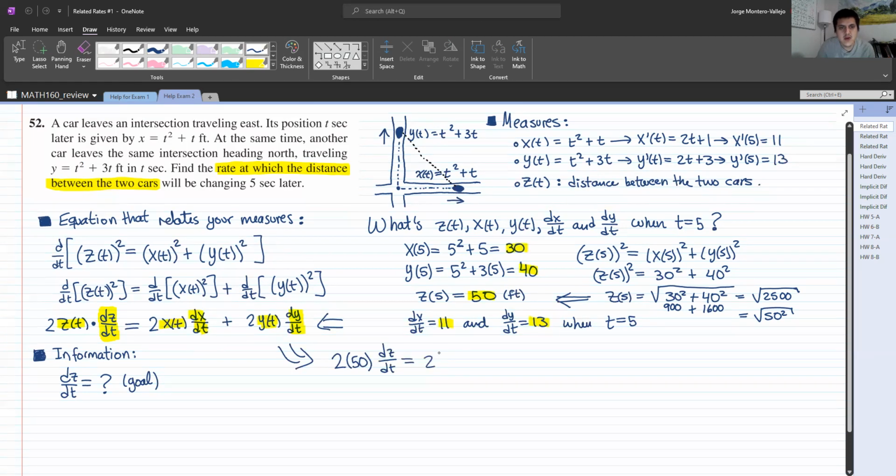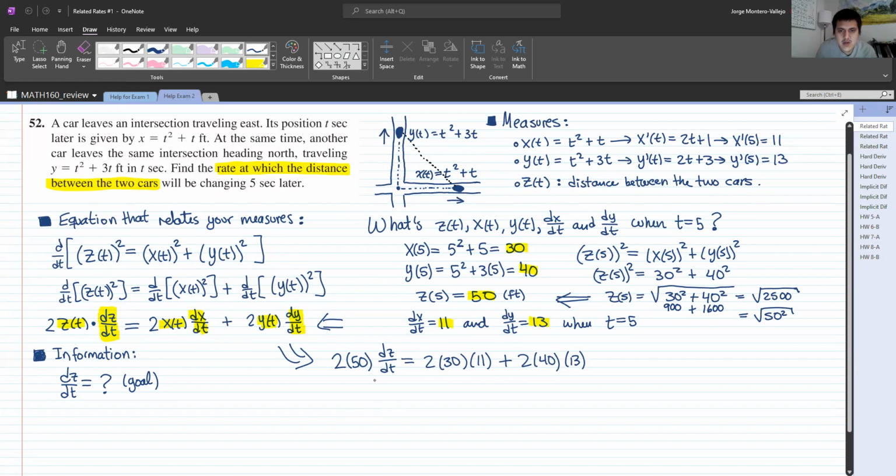Then 2 x of t, we found that that is 30. We found that dx/dt is 11. And then plus 2 y of t, we found that y of 5 is 40. And then dy/dt, that is 13.